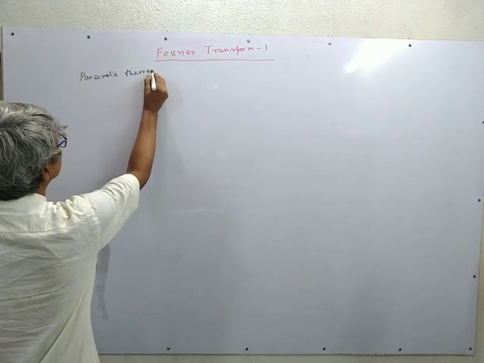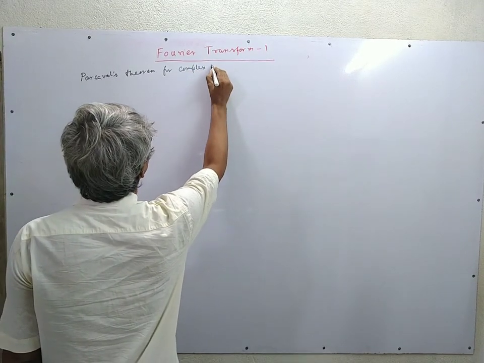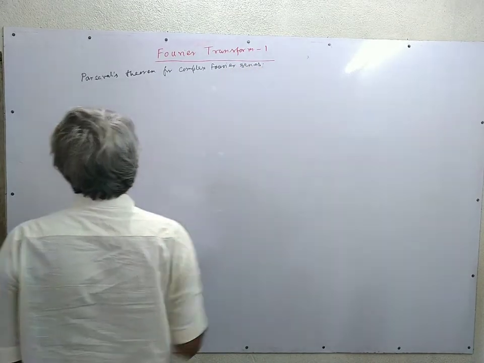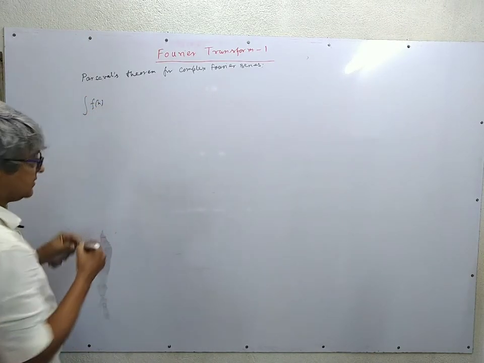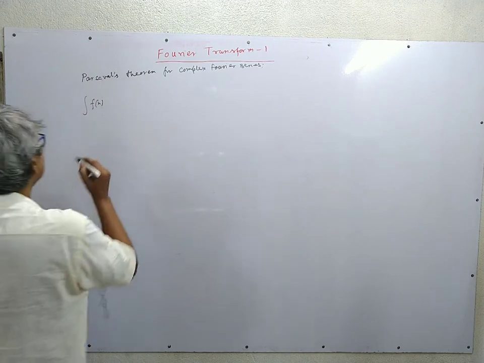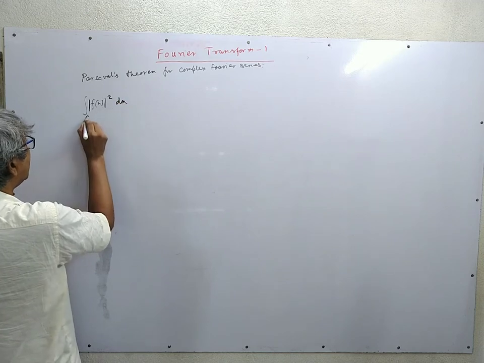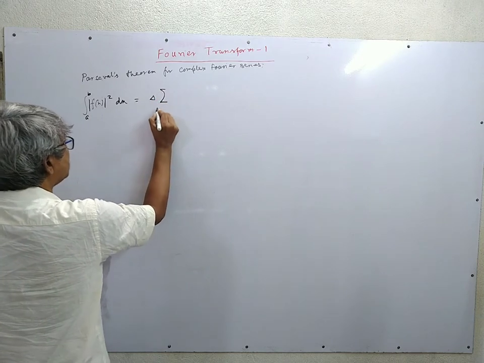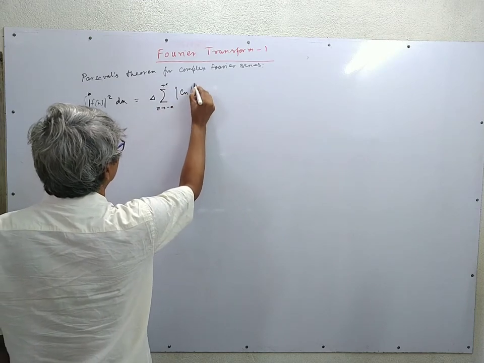Or equality, which is, if we have a function f of x which satisfies Dirichlet's condition in the interval a to b, then Parseval theorem states that the integral from a to b of modulus f of x squared is equal to delta times the summation over n from minus infinity to plus infinity of modulus Cn squared.